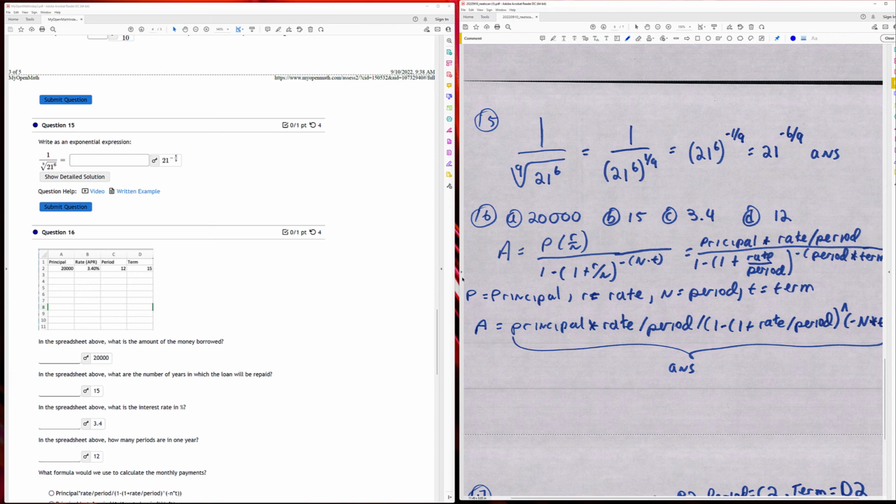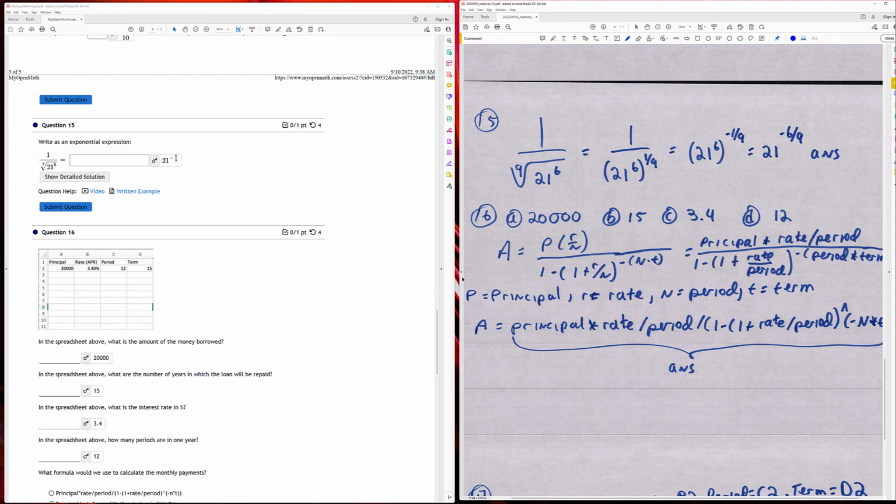The interest rate is 3.4%. In part D, how many periods are there in 1 year? So they see 12 for the number of periods.